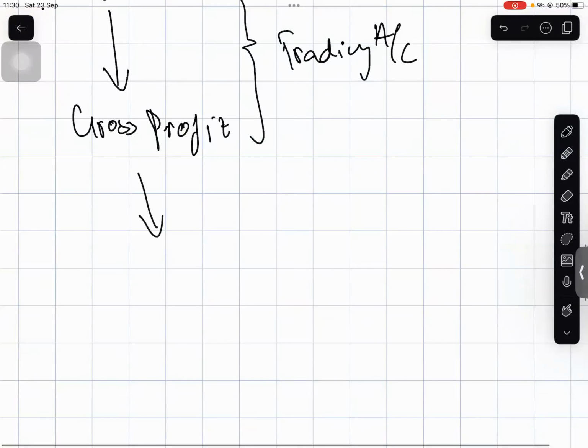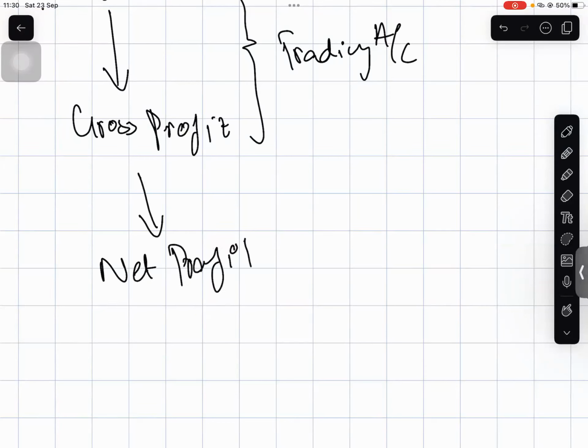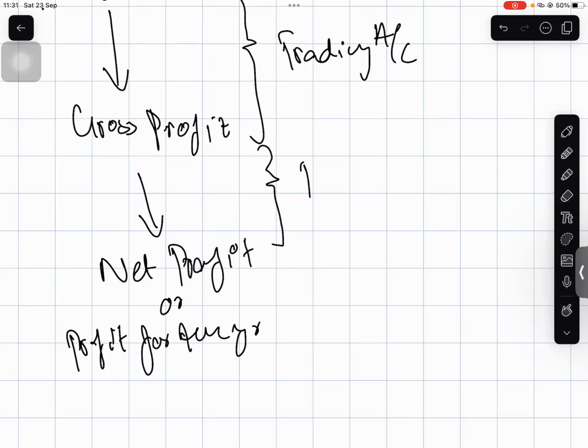From gross profit up until the net profit, or the profit for the year, this step is called the profit or loss account.